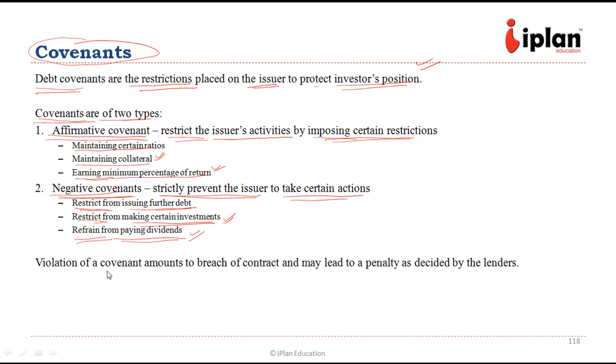It is also established in the bond indenture that a violation of these covenants might amount to breach of contract and may lead to a penalty which has been decided by the lenders in the starting itself.